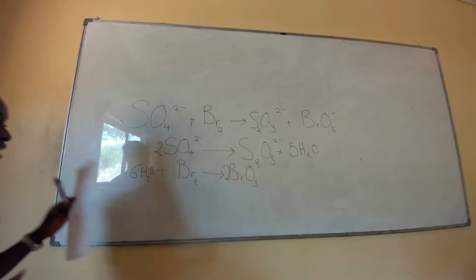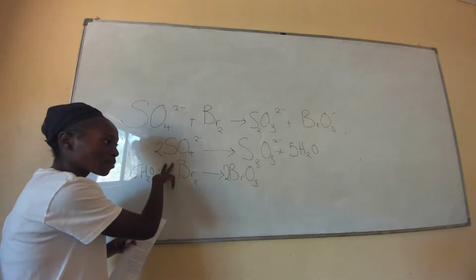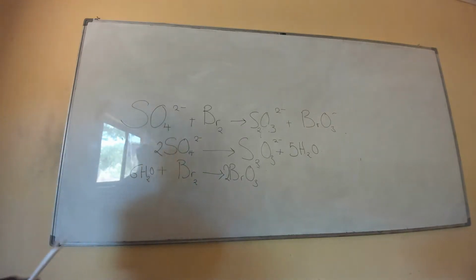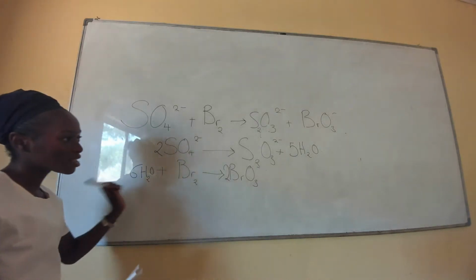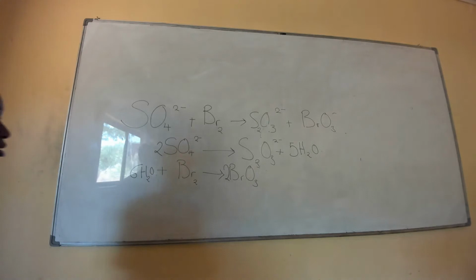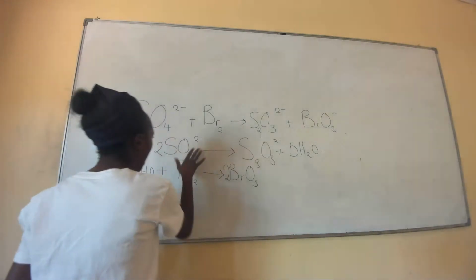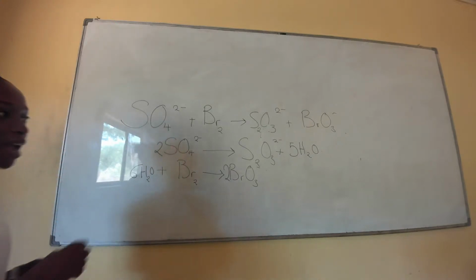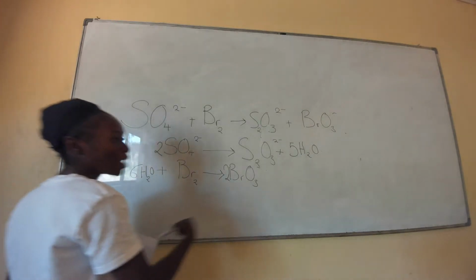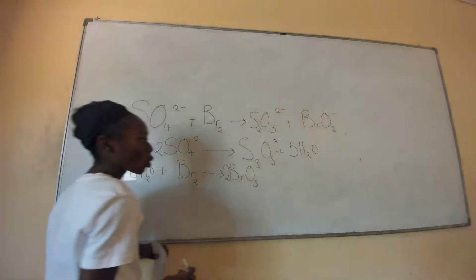Remember, firstly, we balance atoms apart from oxygen and hydrogen. Secondly, we balance the oxygen. Then the third step is to balance the hydrogen atoms. At the left-hand side of the first equation we don't have any hydrogen atoms, but at the right-hand side we have 10 hydrogen atoms coming from the water molecules.